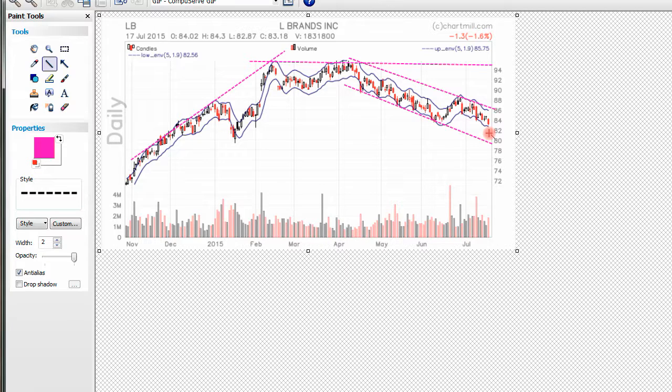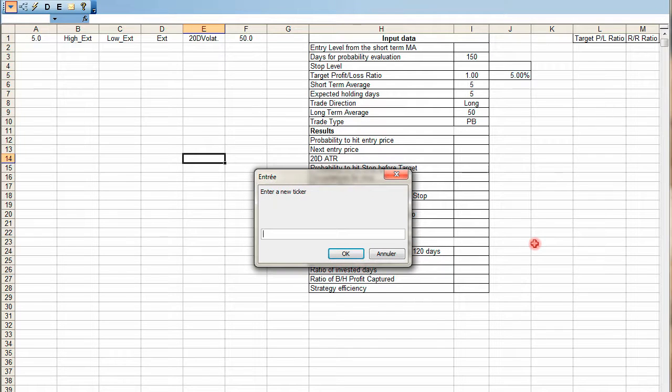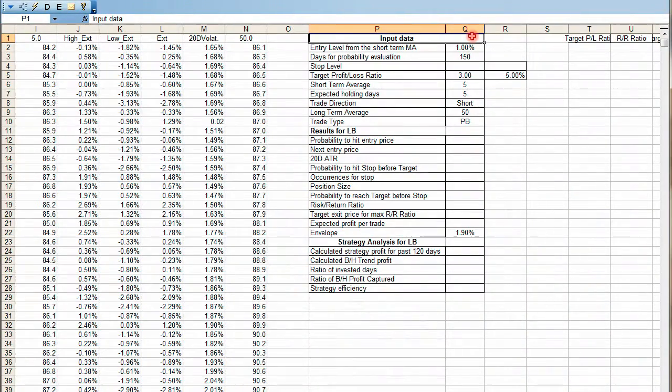So now let's try to look at the breakout calculator and see how we can evaluate shorting LB. So I will short LB, which is a short trade on a bounce. You see I will short it on a bounce at, let's take, 1%. The most important here is the number of days of the probability evaluation.